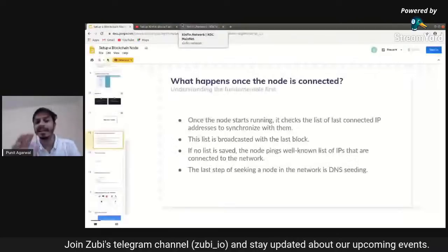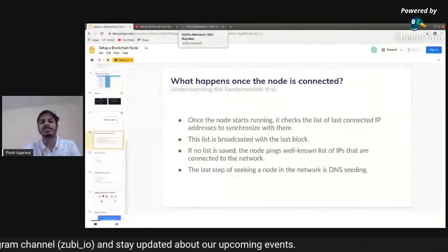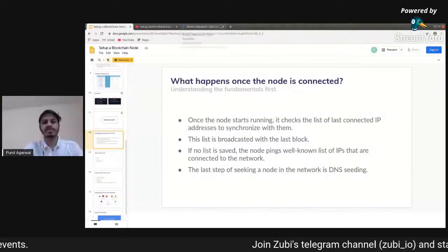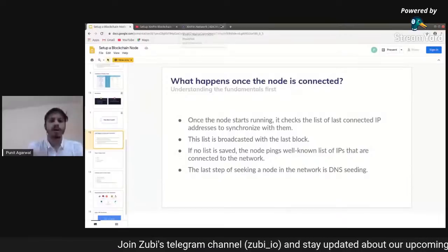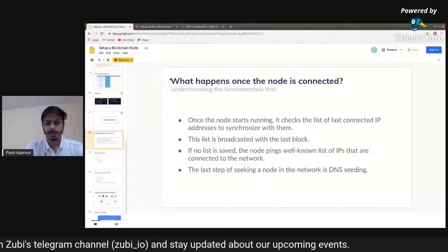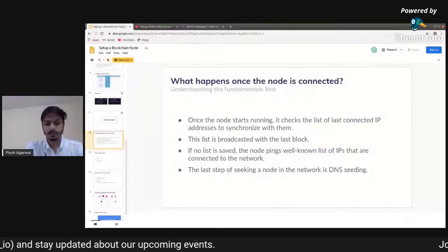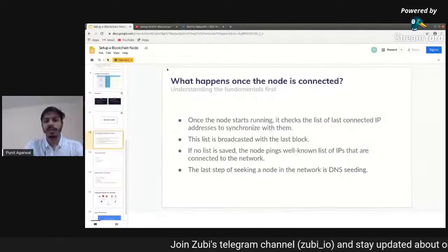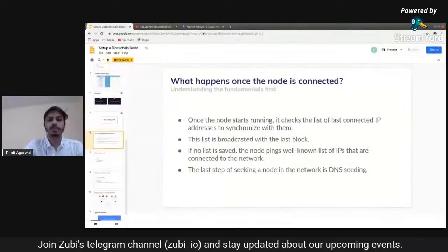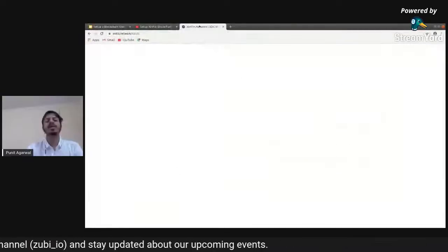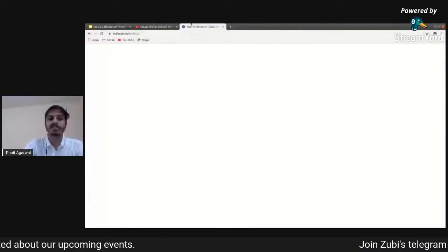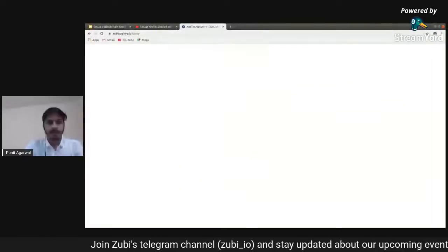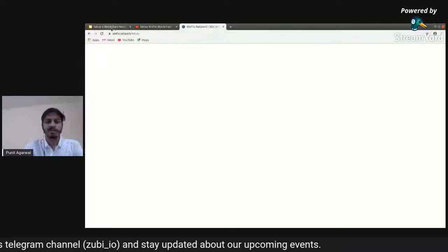DNS is the domain name system. It has all the records, A records, CNAME records, everything. So the last step is seeding the DNS. It's taking time to load, so let's move ahead.